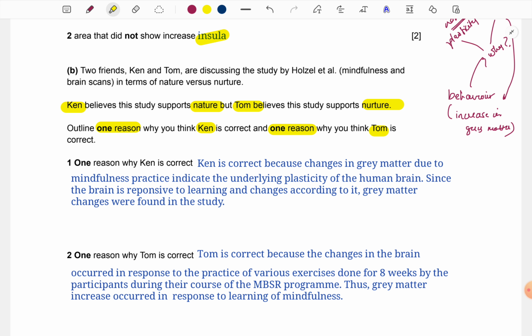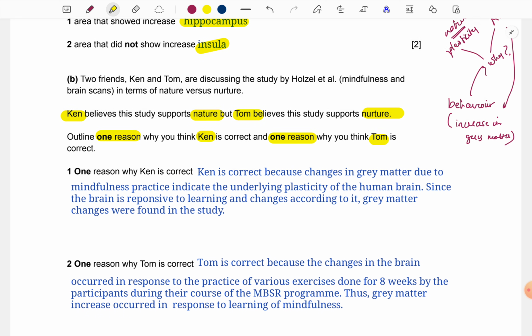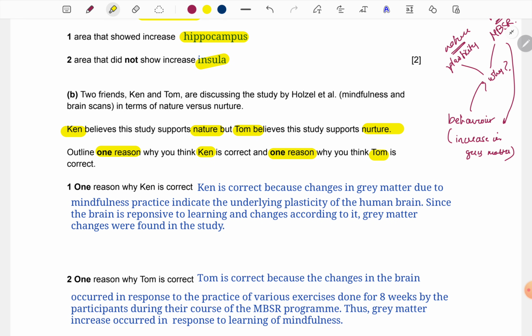Students will write very disconnectedly without referring to the scenario at all: nature is right because this, nurture is right because this. When they have given you wording like Ken and Tom, why not say Ken is correct because of this? That is a better way of writing. Always engage with the wording of the question like this. Always proactively take it into your answer.